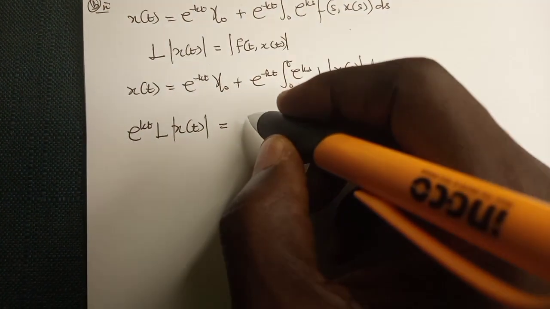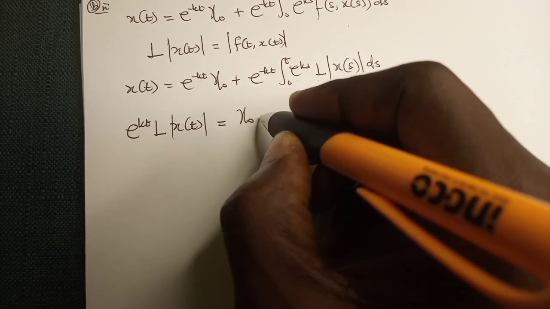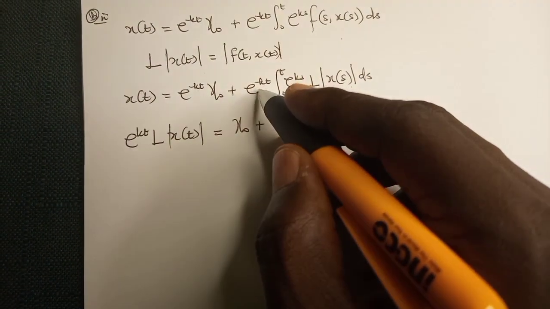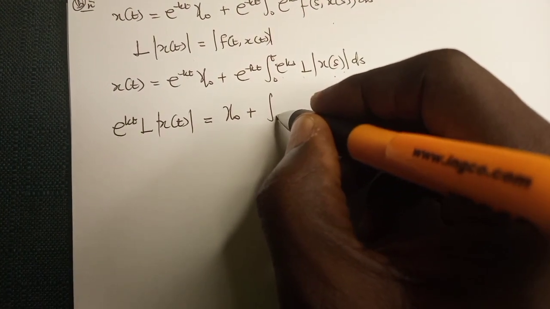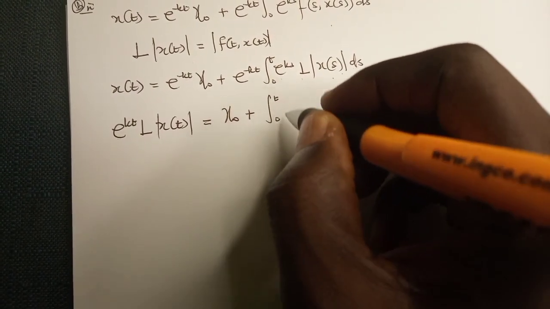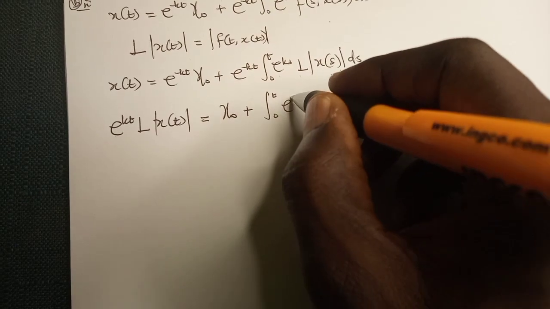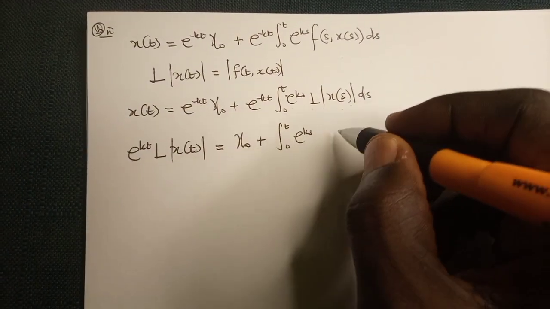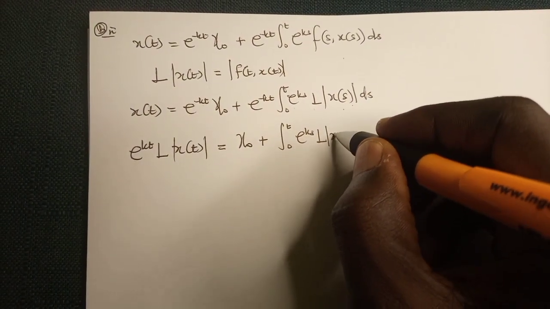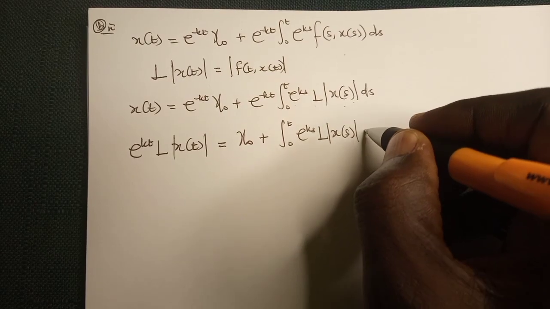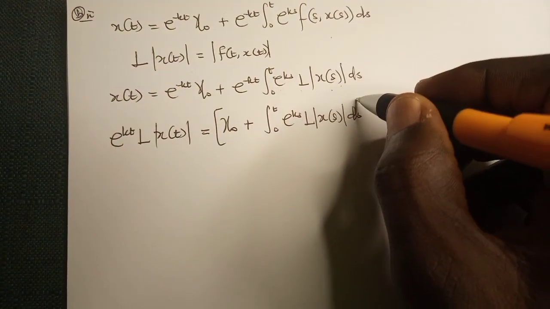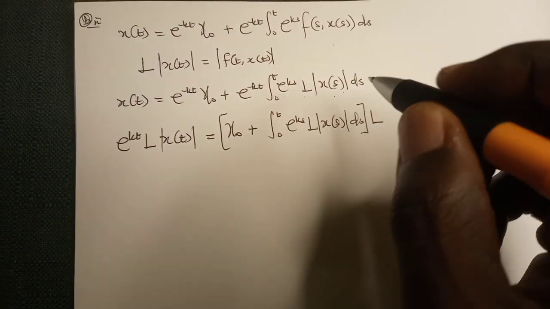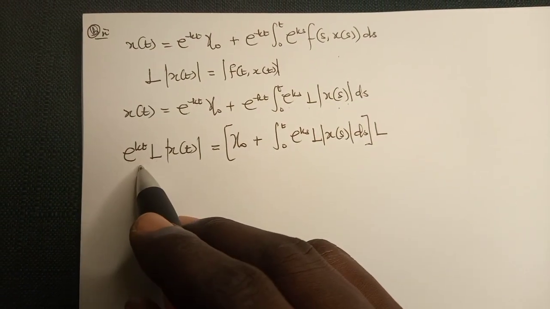So we're having x naught plus the same thing here as well, the integral from 0 to t of e to the ks L x(s) ds. Then all these should be multiplied by the L. So we've used all the two.